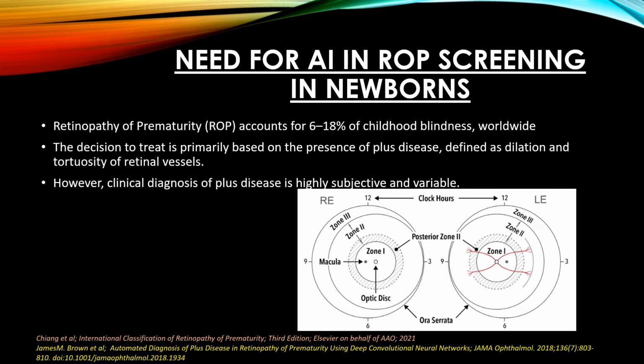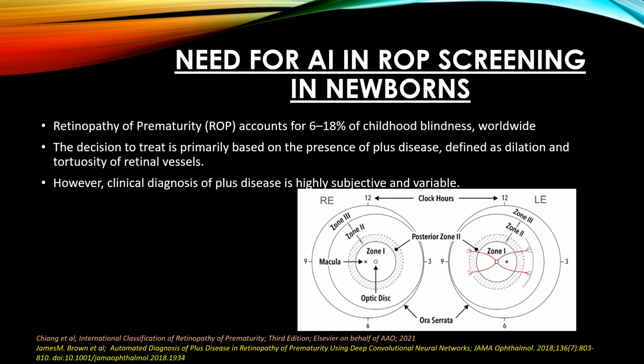But the problem is that the clinical diagnosis of plus disease, or for that matter any stage of ROP, is highly subjective and it is variable between the experts. So that's why we need a machine to accurately diagnose it. There has been a spectrum of ROP screening models that have been used with AI.